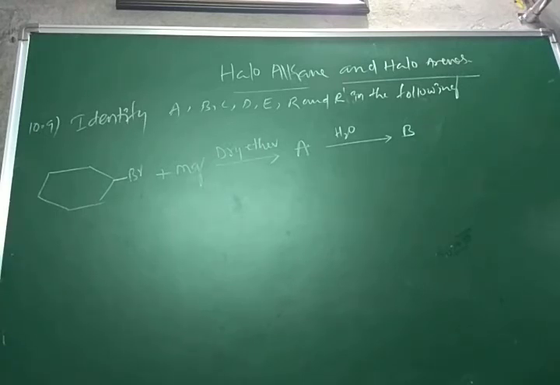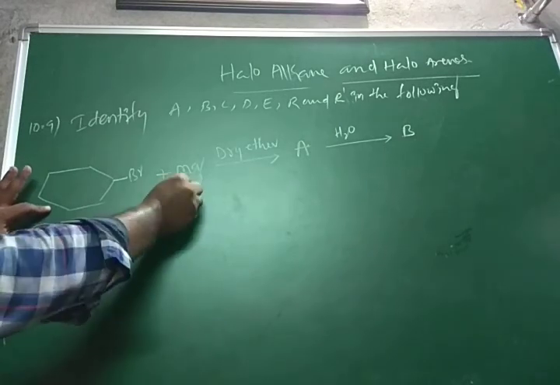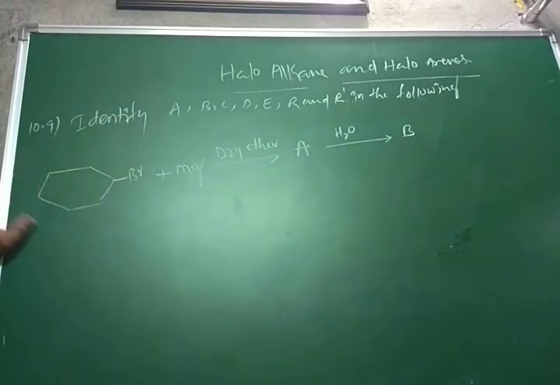Before going to the second question, we'll discuss what A and B products are. First, the reaction is given. This compound reacts with magnesium in the presence of dry ether. We know very well, when alkyl halide is treated with metal, then an organometallic compound will be obtained.